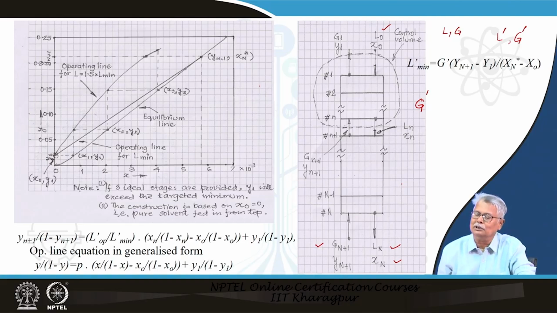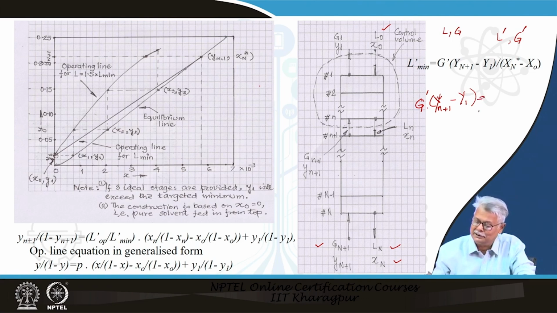That means the moles of solute free gas which goes up the column is the same in every stage. So G dash multiplied by the corresponding composition, capital Y, which denotes the solute free composition, Yn plus 1 minus capital Y1, is the amount of solute transferred in this particular section.